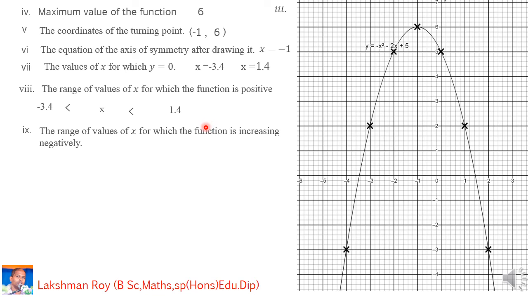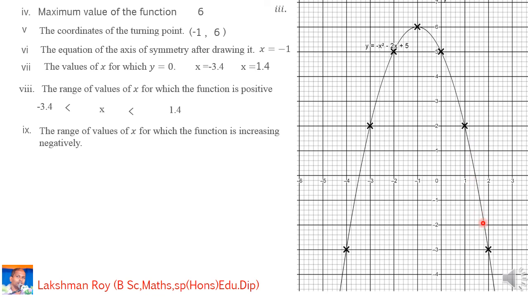Next one, see another range of values of x for which the function is increasing negatively, right? In the earlier example you saw the function is increasing and decreasing. Here this is the point where we start to draw the graph, right? When you start this way, what happened? It is increasing, then after this turning point, it is decreasing, right?